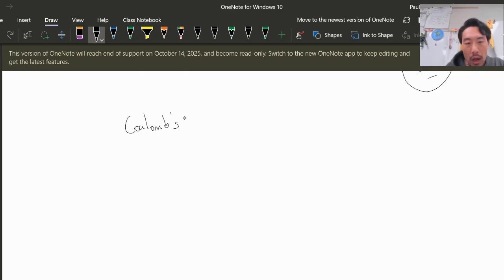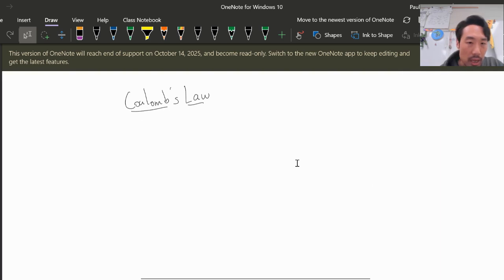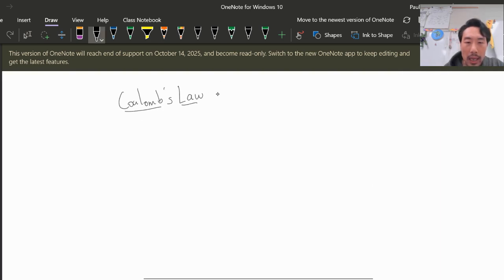Coulomb's law is named after the physicist that was exploring this, Coulomb, also the same as the unit. His formula is F sub E equals Coulomb's constant, Q1, Q2 over R squared.